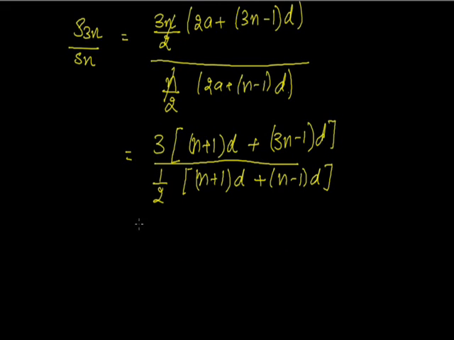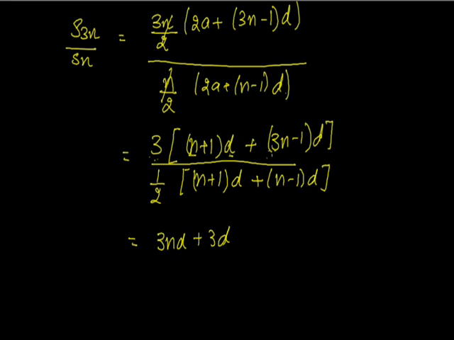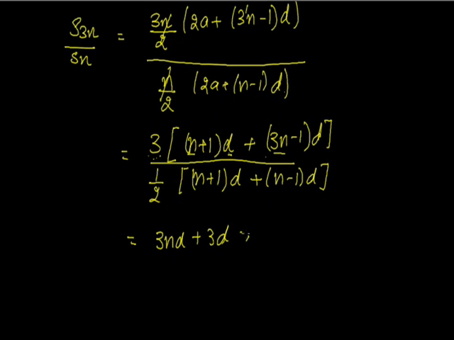What we get is 3 into n plus 1 into d, that can be written as 3nd plus 3d. When 3 is multiplied with this term, it becomes 3nd minus 3d, and multiplying the other term gives 9nd minus 3d.